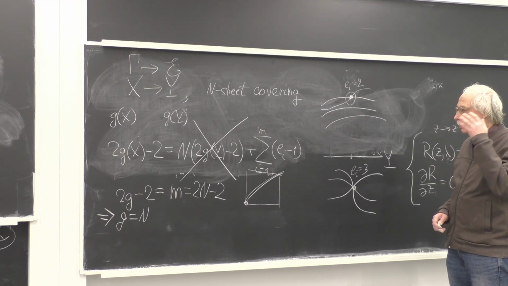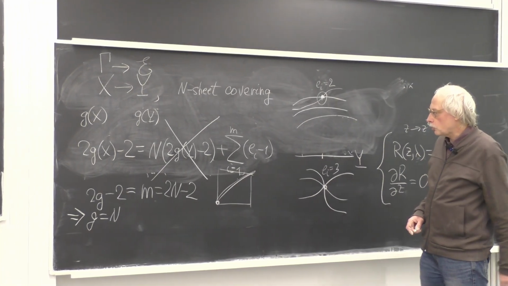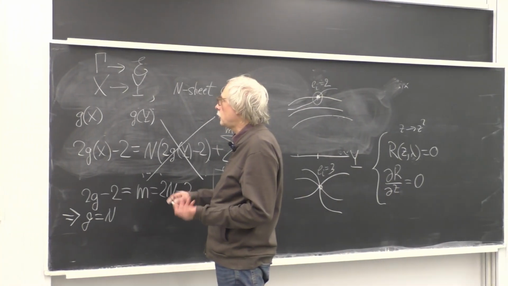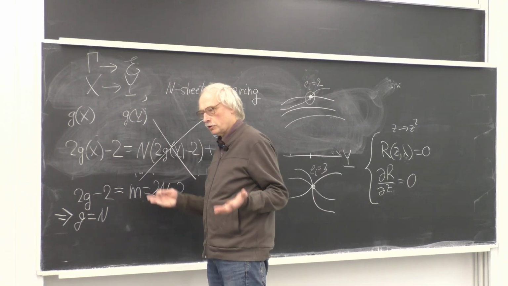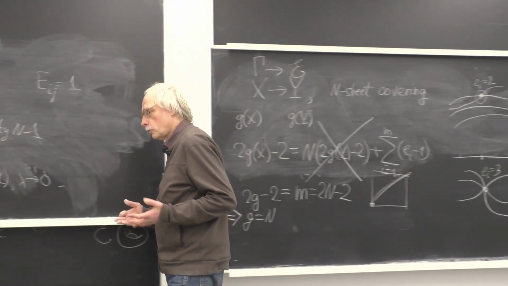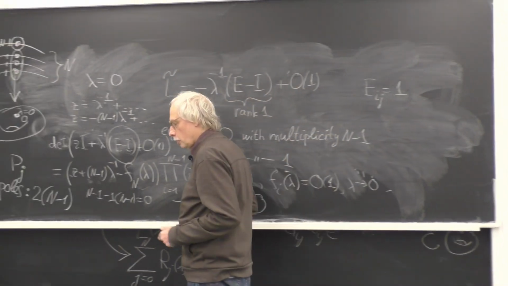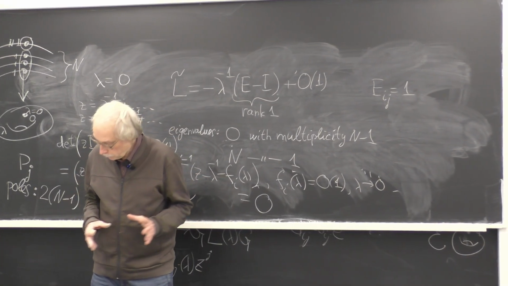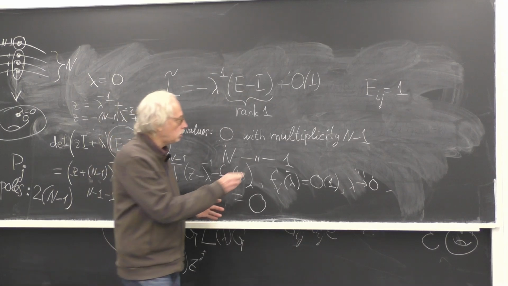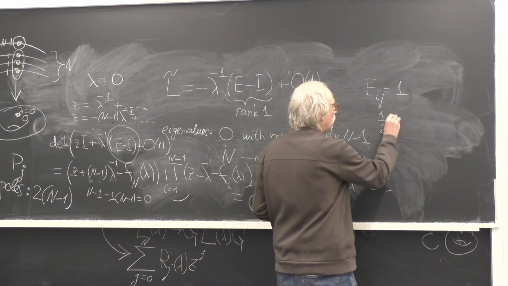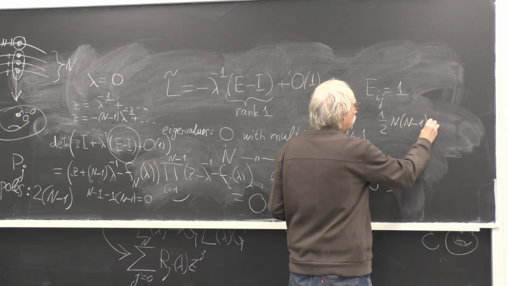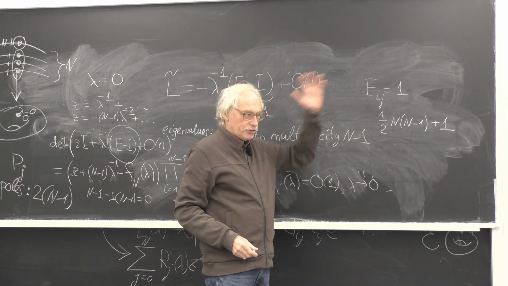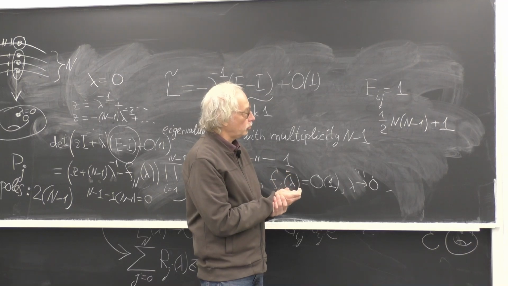It's not absolutely smooth, because in general position, when you have an n-sheet covering of an elliptic curve, the genus of the covering, when this is absolutely smooth, is equal to... so it grows like n squared when n tends to infinity.